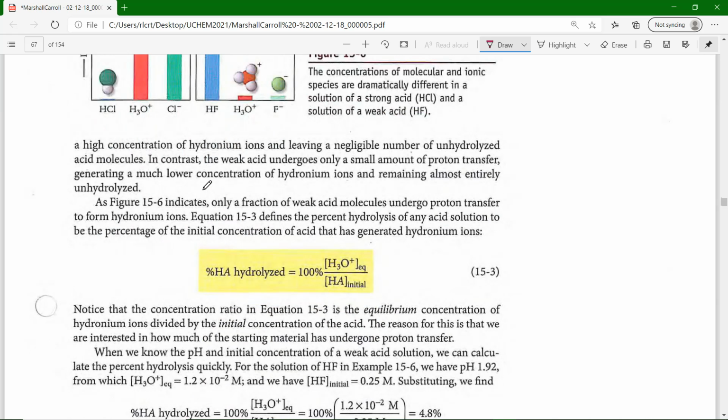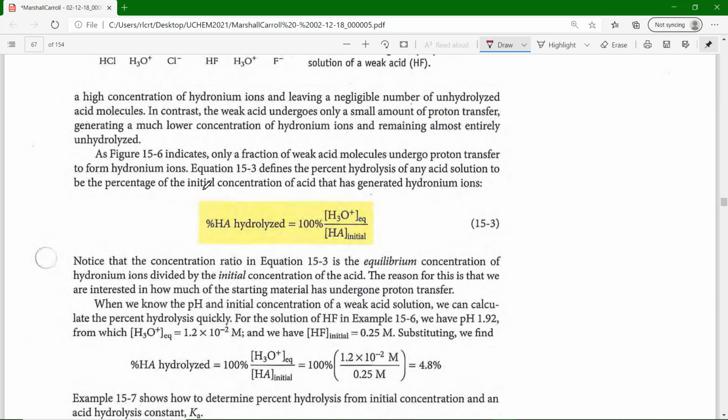The percent of HA that's hydrolyzed is 100 times how much H3O plus you have at equilibrium over how much HA you started with. Percent ionization is another phrase you may have heard last year in your other readings.